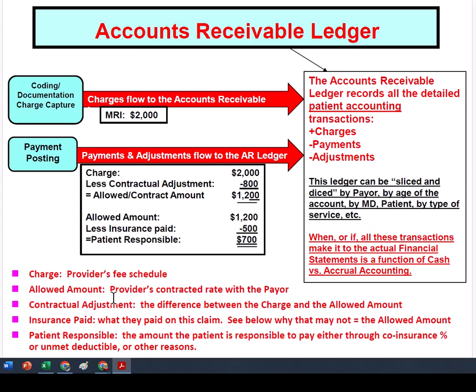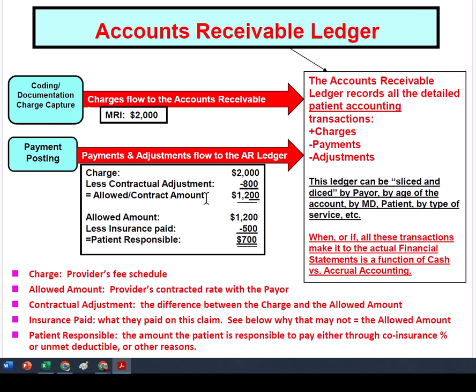So the charge is what's in your charge master. The allowed amount is the contracted amount that you've negotiated with the payer or that Medicare has told you they're going to pay. The difference between the charge and the allowed amount is called the contractual adjustment. Makes sense, literal. We're adjusting it off because of the contract. So thus the contractual adjustment.